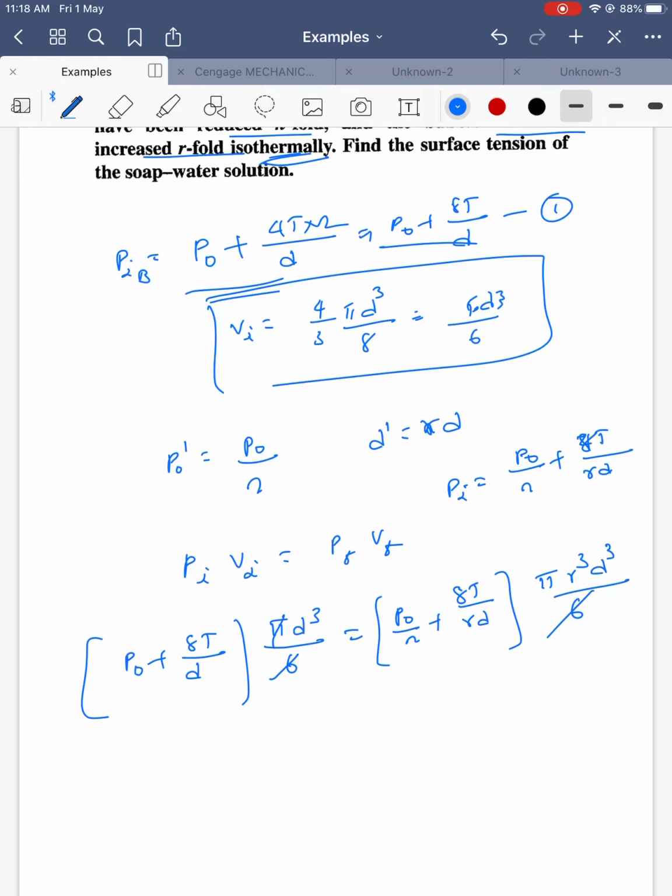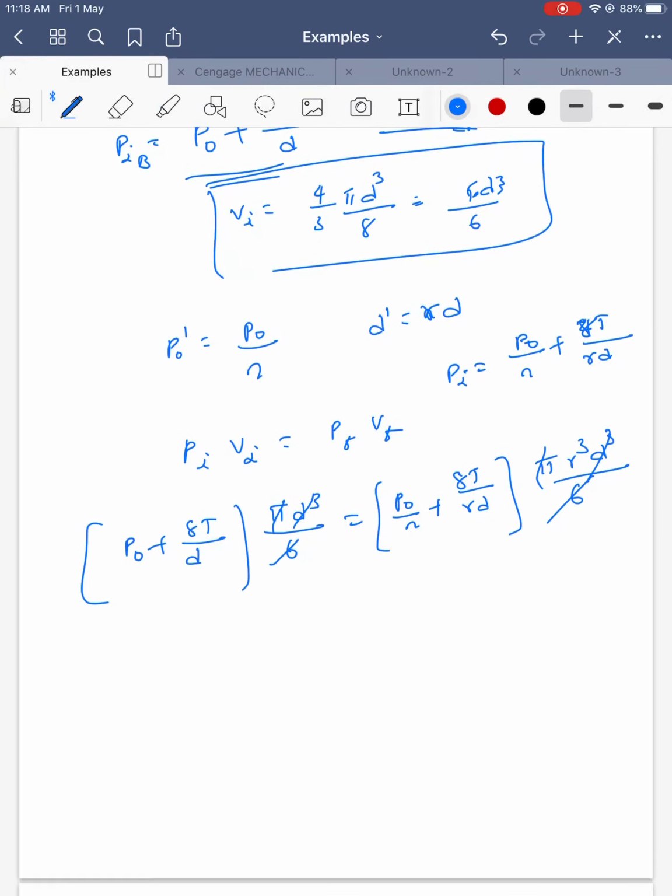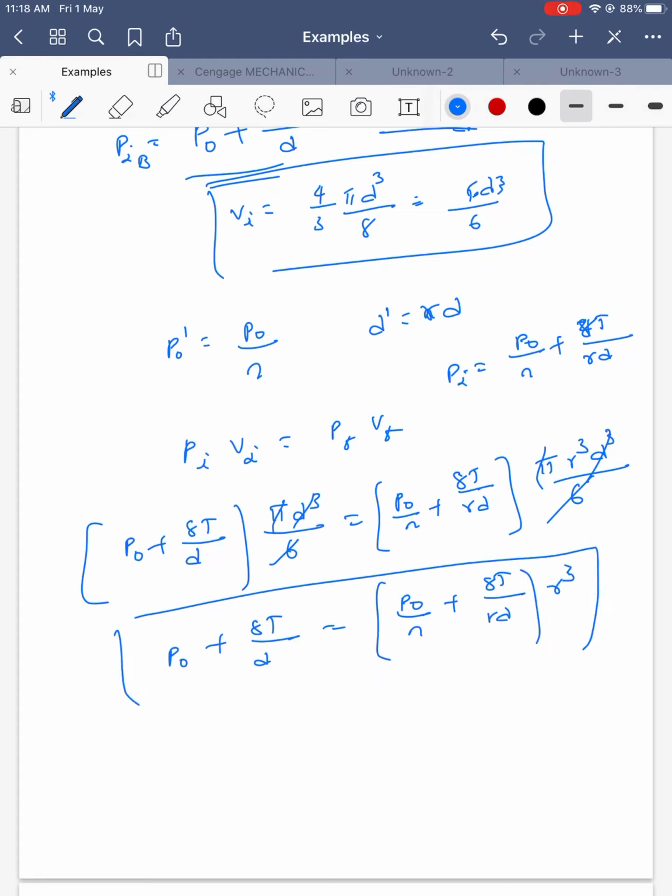So this pi d cube gets cancelled, and he is asking us to find the surface tension. Simplify: P0 plus 8T by d is equal to P0 by n plus 8T by r d, into r cube. So he is asking us to find the T value. Send the other values to the other side. P0, r and n are known. Get the value of T.